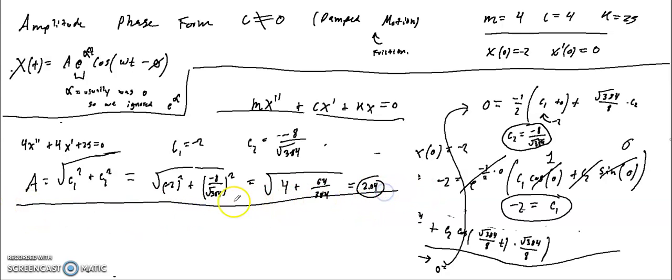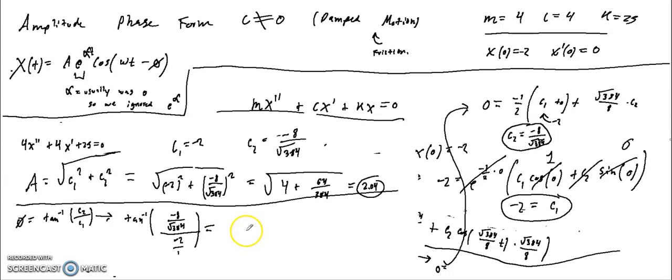Now for phi equals tan inverse of c2 over c1. And tan inverse of c2, negative 8 over radical 384, over c1, which is negative 2.